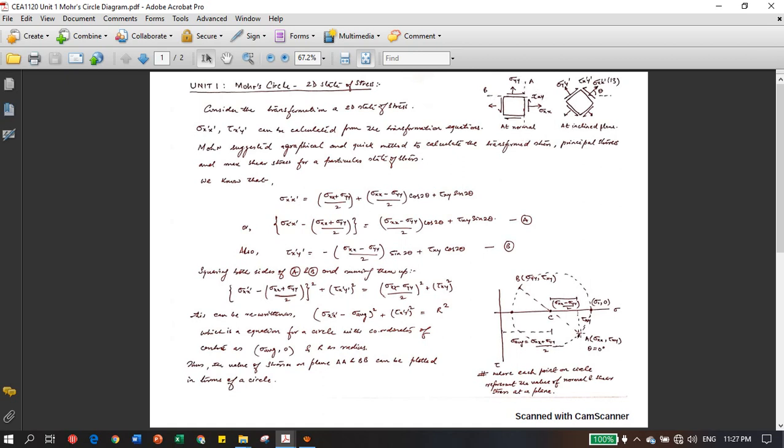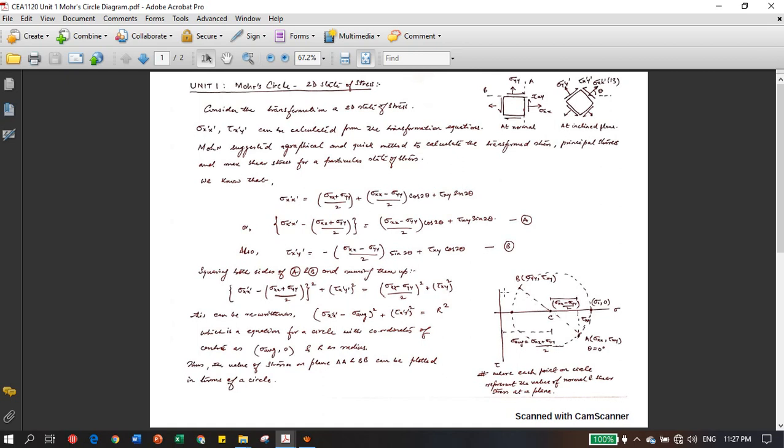So at each plane, at each point, the ordinates, or you can say sigma xx and tau xy, define the value of the normal stress and shear stress. Means at this point this will be different, at this point this will be different.